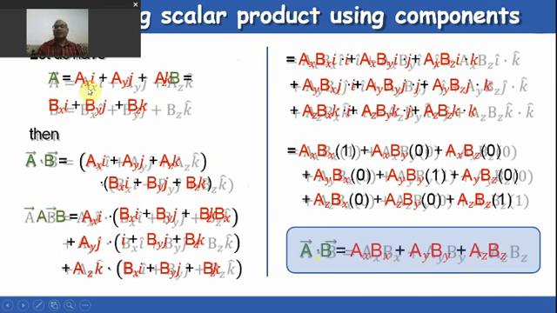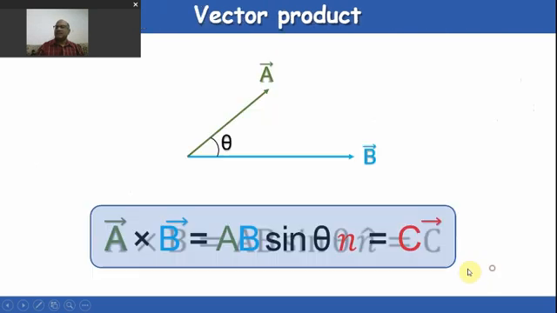If we have two vectors, A vector equal to AXI plus AYJ plus AZK, and B vector equal to BXI plus BYJ plus BZK, then A dot B will be the multiplication of the components in the same direction: AX and BX, plus AY and BY, plus AZ and BZ, and the addition of those.